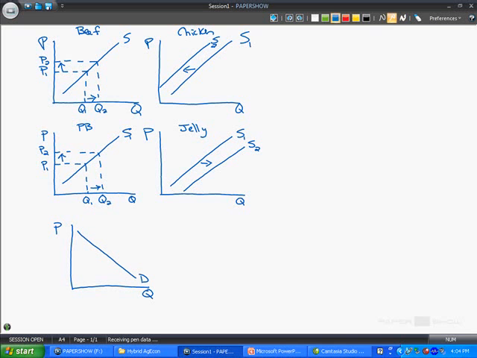We had it in relation to prices and quantity. I can also put the supply curve on there, because if you look above, we had supply in relation to price and quantity.